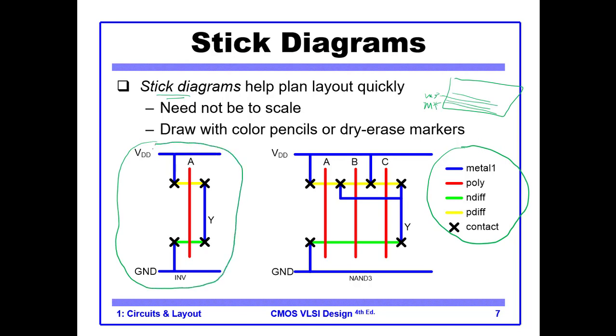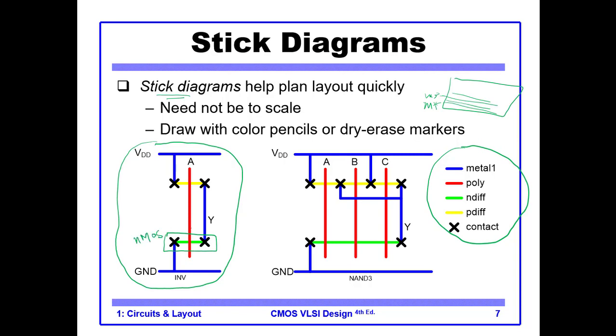Okay, so this is basically N diffusion, with one terminal connected to the ground. So basically this is the polysilicon, which makes this an NMOS.